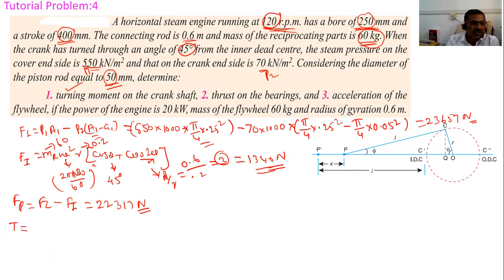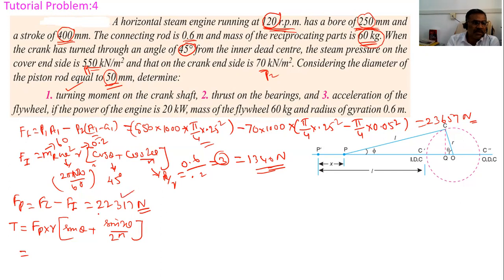T is equal to Fp multiplied by R within bracket sin theta plus sin 2 theta by 2n. So this is the equation.